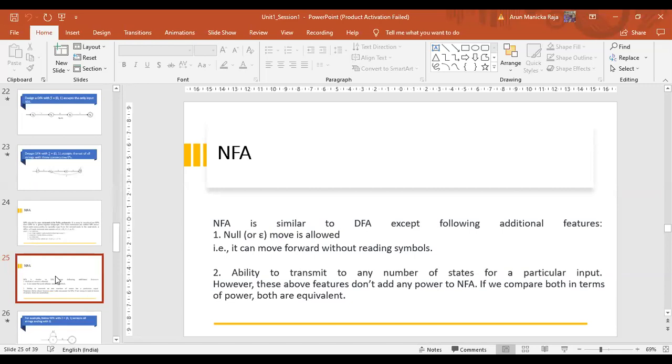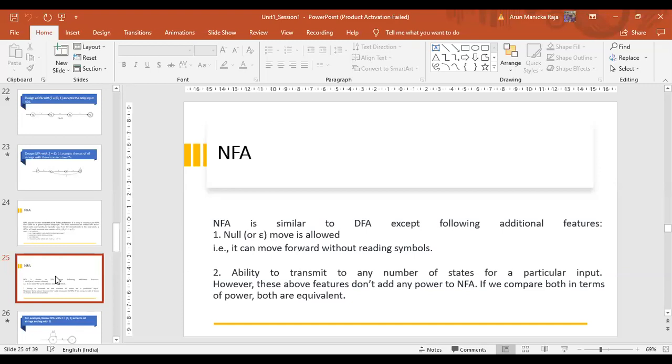Why? For some problems, DFA is somewhat difficult to construct. If the problem is big, we can subdivide it into many blocks. For that purpose only we are studying the NFA.